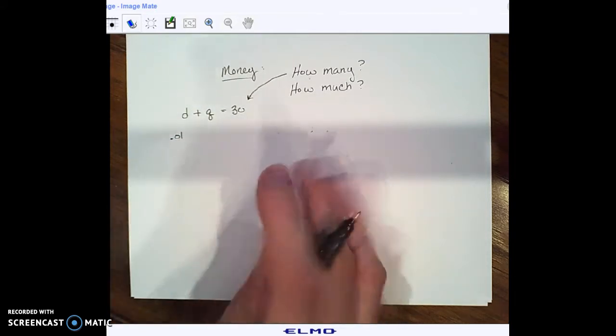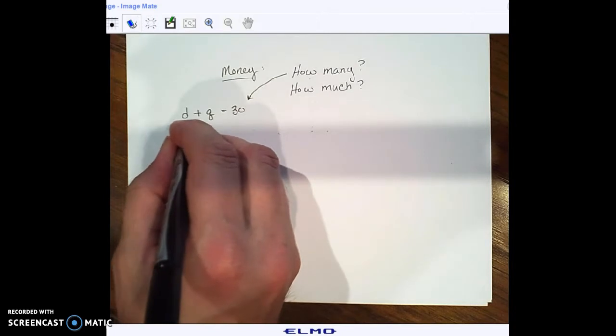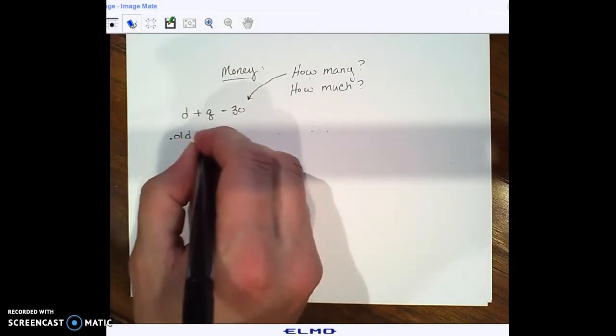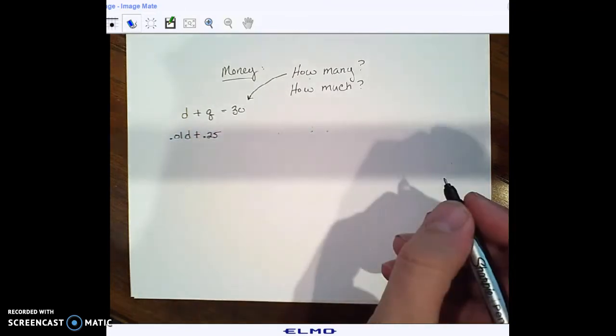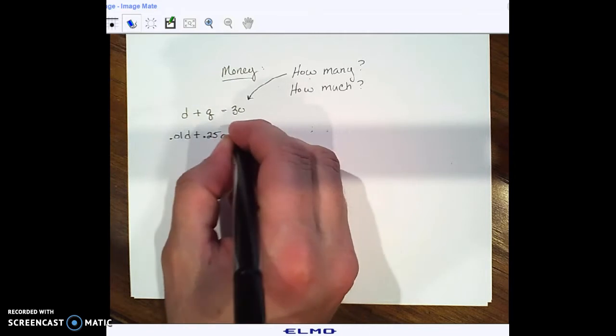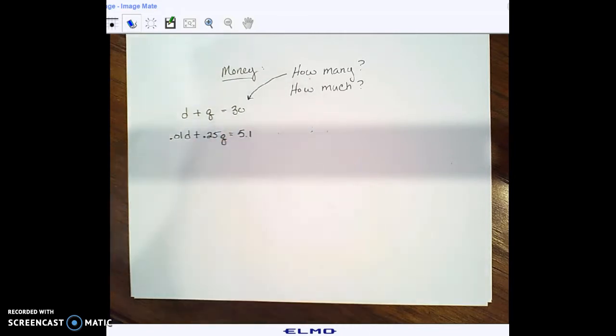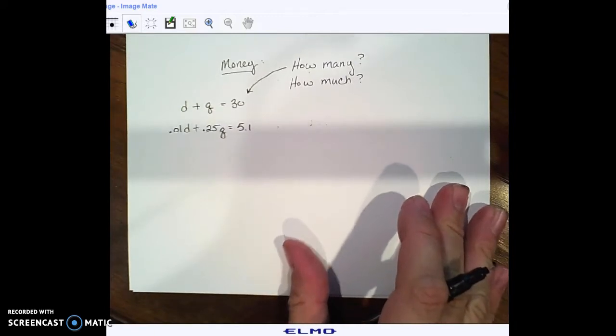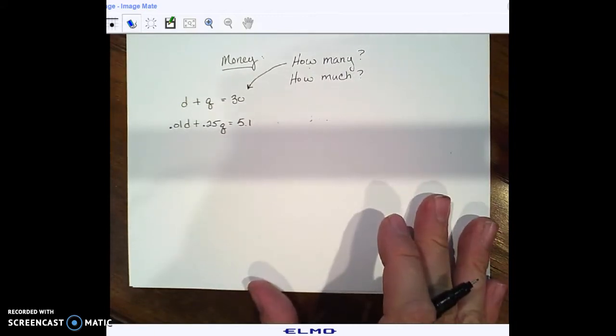It's a tenth of a dollar. So 0.1 D plus, well, a quarter is worth 0.25, 25 cents, 0.25 times my number of quarters is going to equal $5.10. We can just enter that as 5.1. Oh, well, that's not too bad.